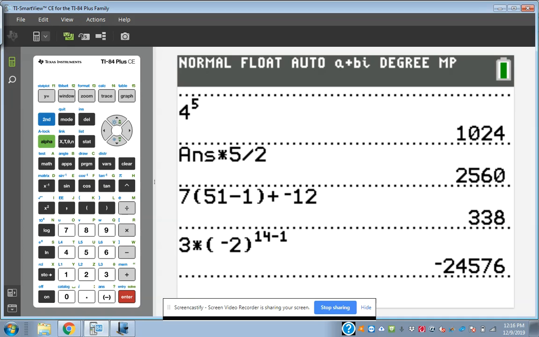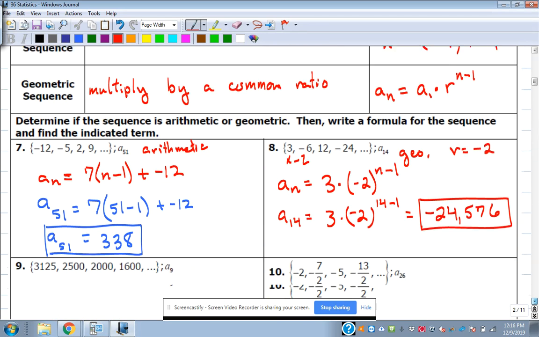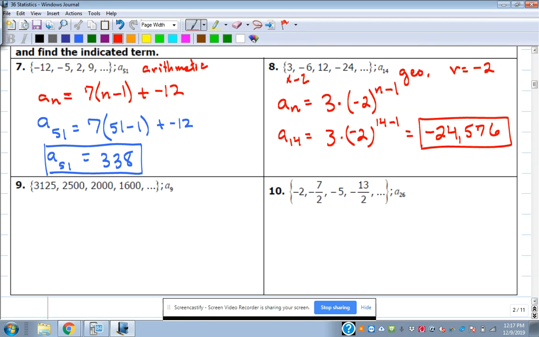Negative 24,576. So geometric sequence because it multiplied by the same thing each time. Let's look at number 9, a little tougher one.